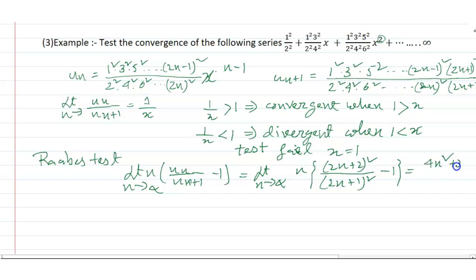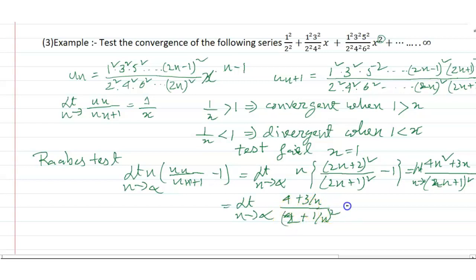(4n square plus 3n) divided by (2n plus 1) whole square, limit n tends to infinity. It can be written (4 plus 3 by n) divided by (2 plus 1 by n) whole square equals to 1.